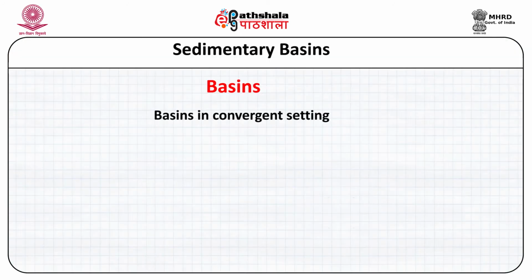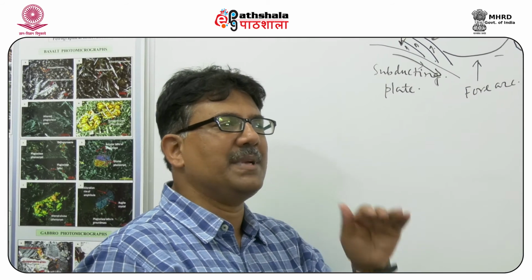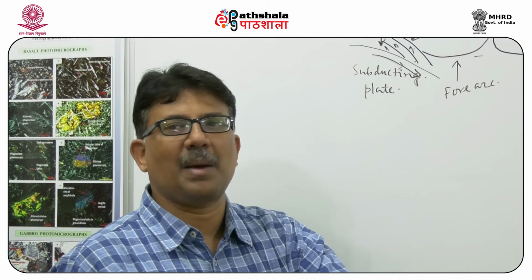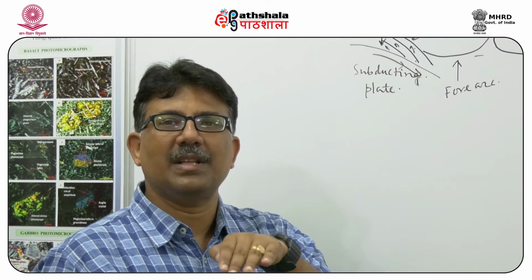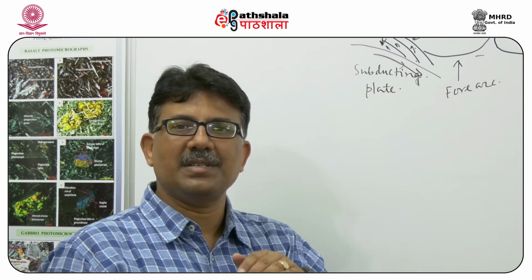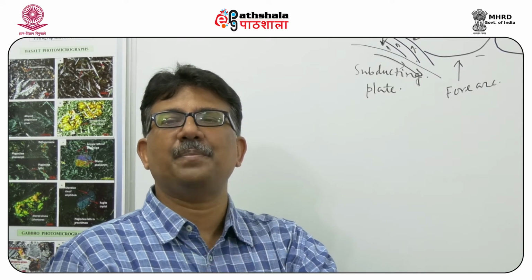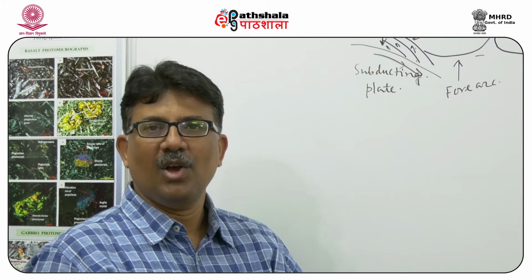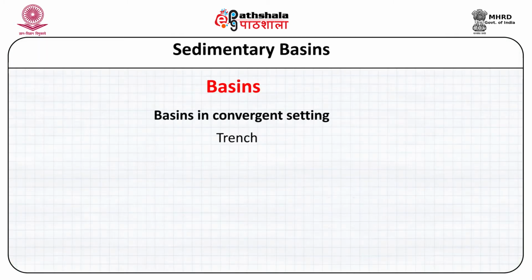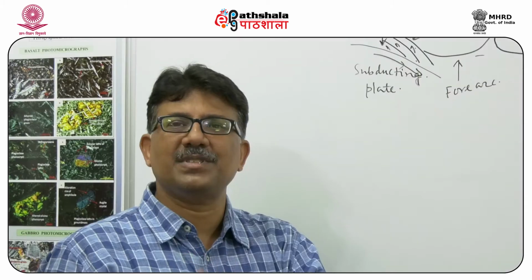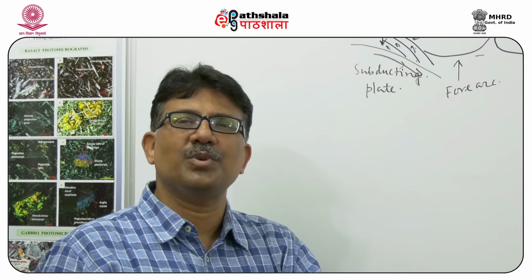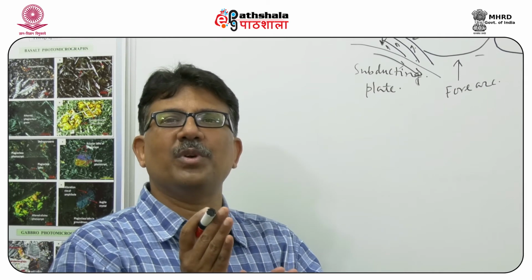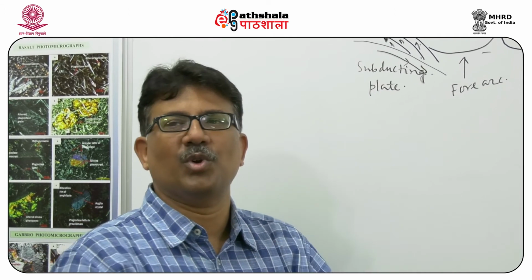First, we come to the trench. It is the morphologic depression, and that basically controls that the plate is subducting through the trench. That is a geophysically identified depression through which the plate is subducting. We also get the trench slope basins, which are structurally formed basins on the accretionary prism, that is the thrusts which are scraped from the downgoing plate and emplaced on the downgoing plate.